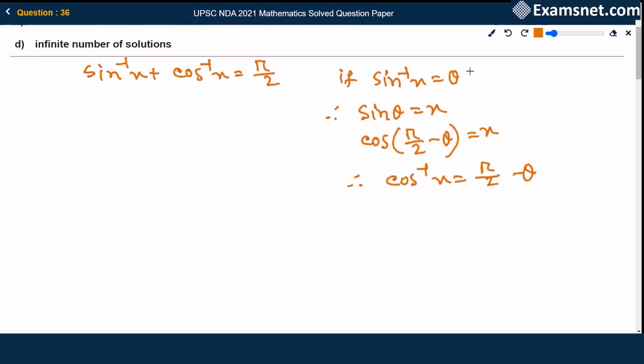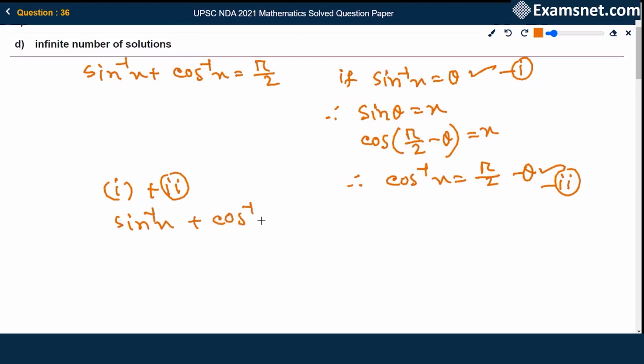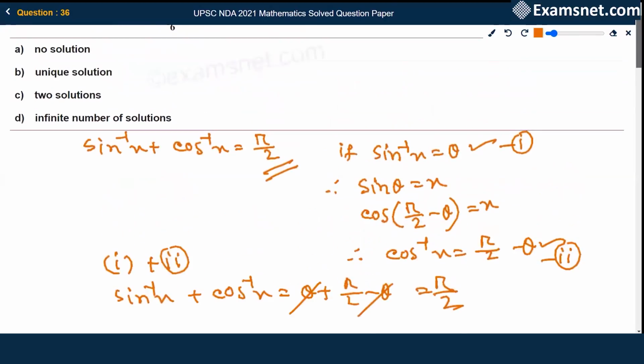Now let's add equation 1 and equation 2. After adding them, sine inverse x plus cos inverse x equals theta plus pi by 2 minus theta. Both thetas get cancelled. It becomes pi by 2. So this relationship holds true. We are going to use this information to solve this particular question.